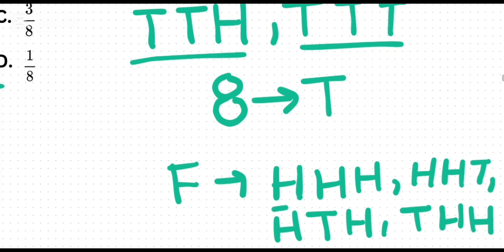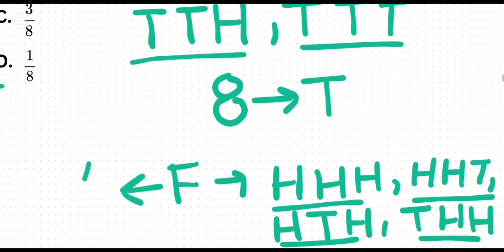So if you see, there are 4 favorable outcomes. So favorable outcomes is equal to 4.